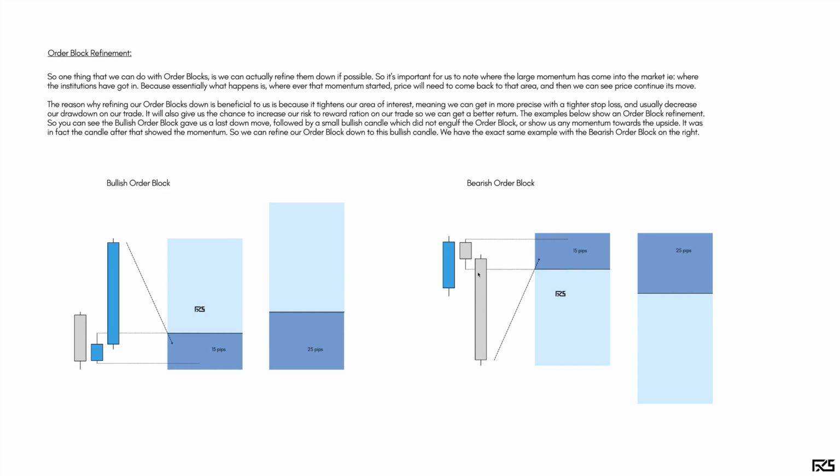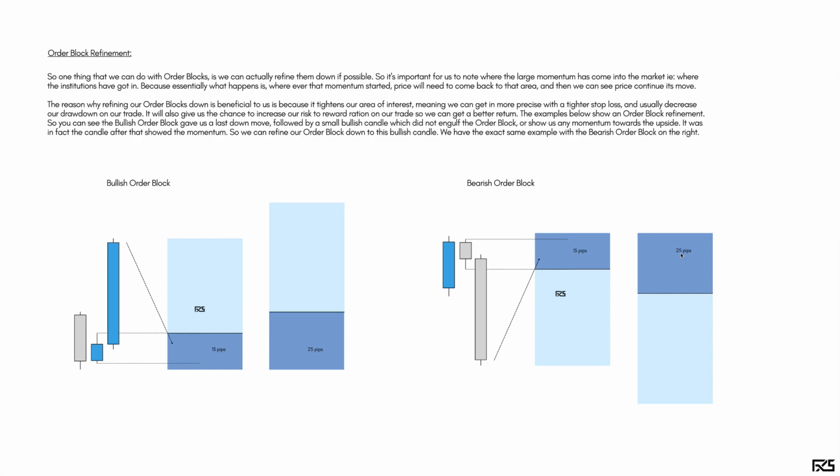As you can see, this is large momentum, so we can refine it down. This is our order block, a 15 pip stop loss, which includes the wick. So this is the wick. What we can do is put our stop loss at that wick or just above, giving ourselves a bit of room to breathe, as it's still 15 pips, whereas the original order block is 25 pips, as you can see here.